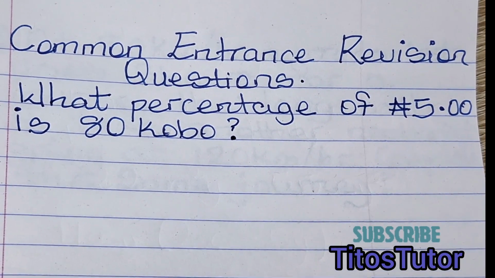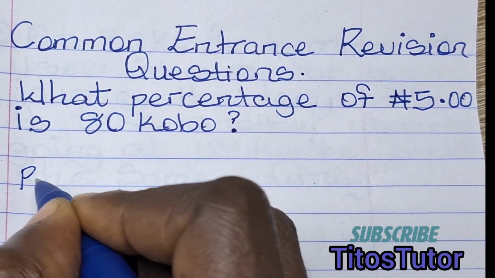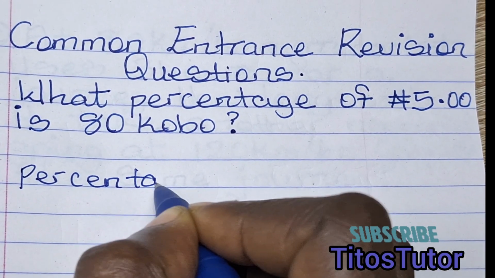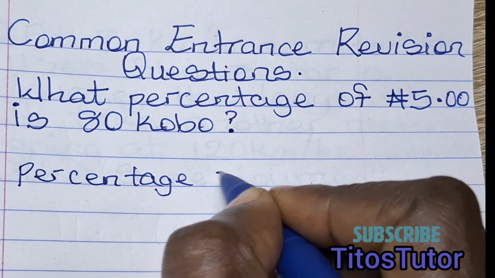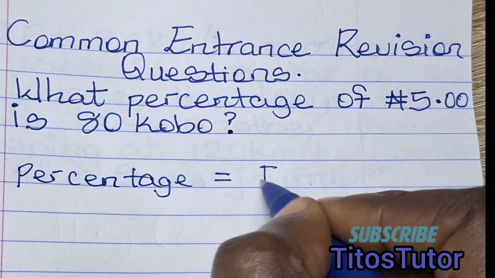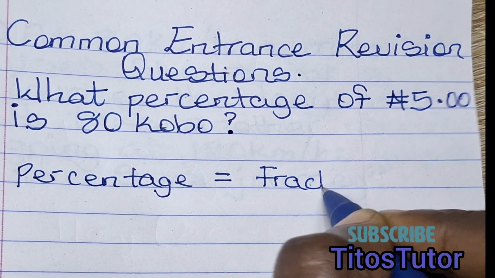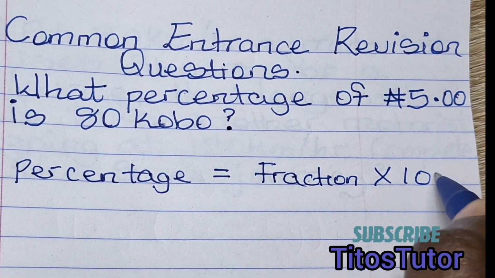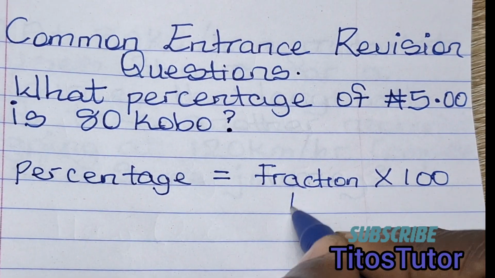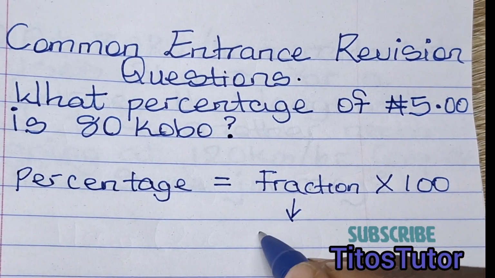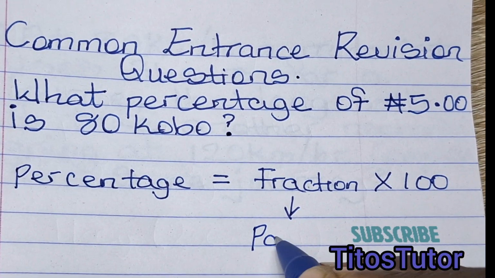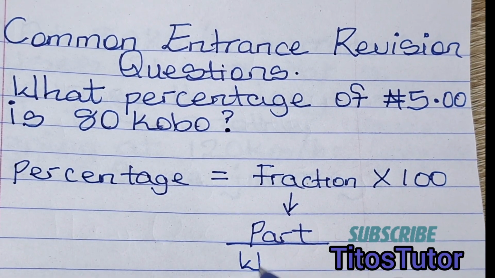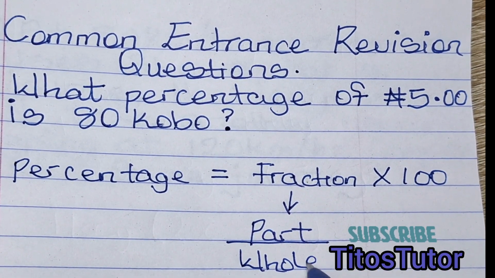So let's do that. Percentage equals fraction multiplied by 100. And in this case, our fraction is part over whole. Yeah?